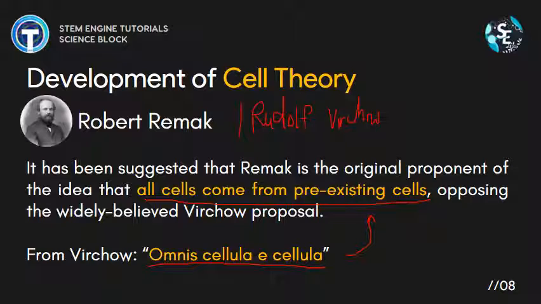So sa ngayon, it is still a debate kung sino nga ba dapat ang i-credit natin sa statement na to, si Robert Remak ba or si Rudolf Virchow. However, either way, kung sino man ang napagdesisyonan na kung kanino i-credit yung statement na yon, yung development na yon is still a major step towards the formulation of the cell theory.